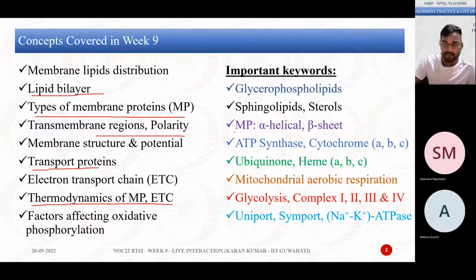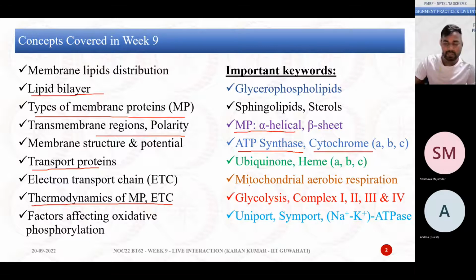Then membrane proteins such as alpha helical membrane topology and beta sheet topology that you find in most lipid bilayers. Then ATP synthase, which is the main machinery to synthesize ATP. Then cytochrome a, b, c, ubiquinone, heme a, b, c, and mitochondrial aerobic respiration, because mitochondria is the powerhouse of the cell.